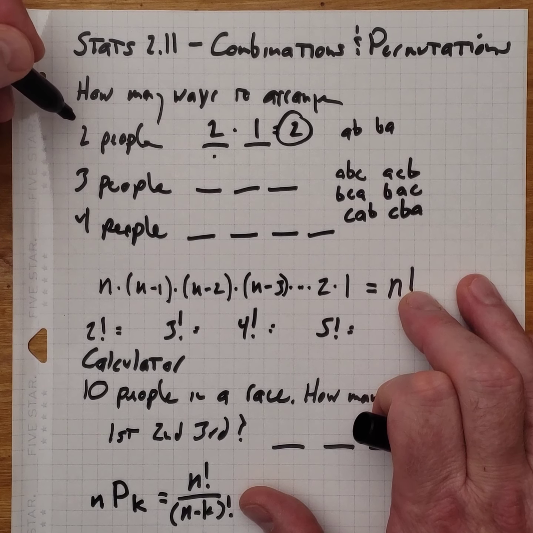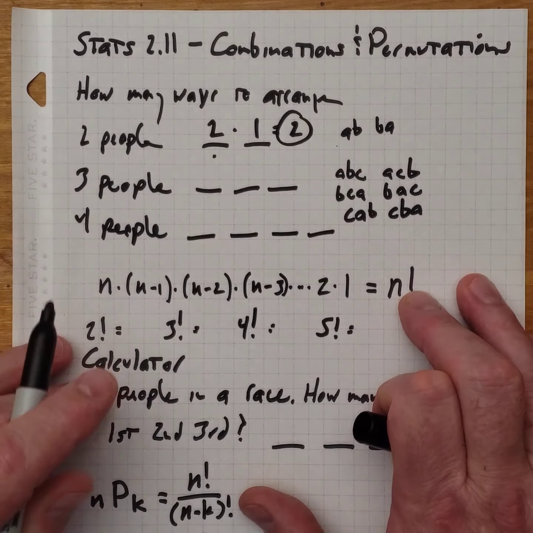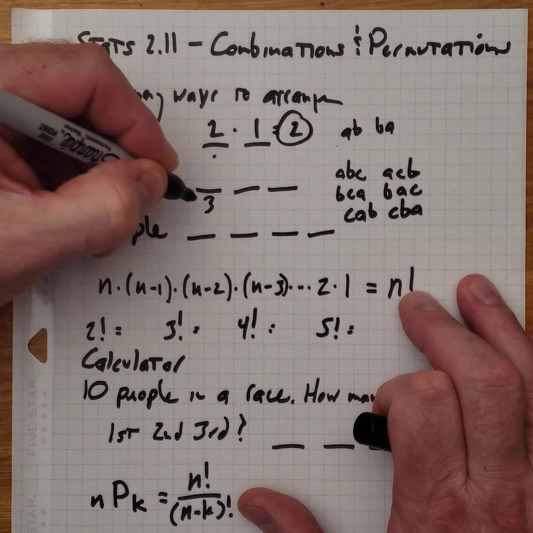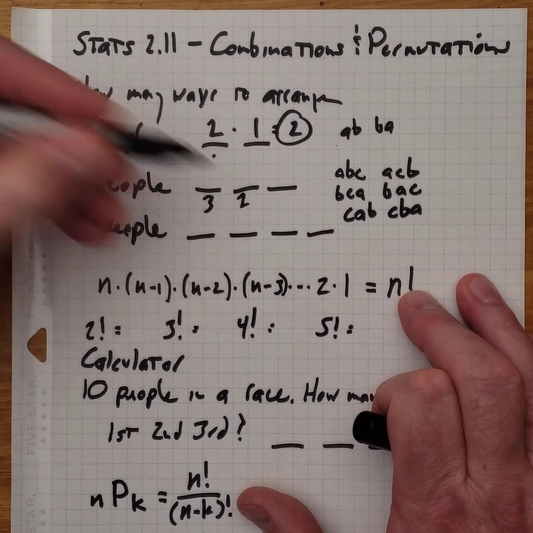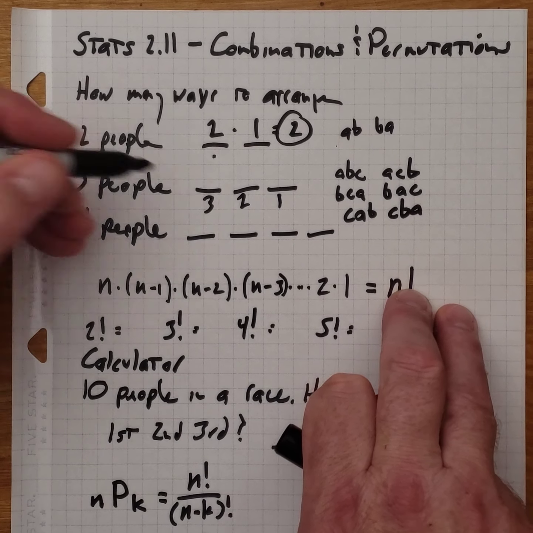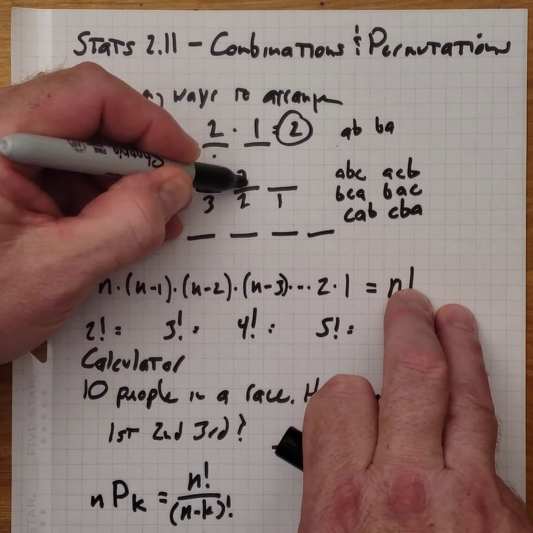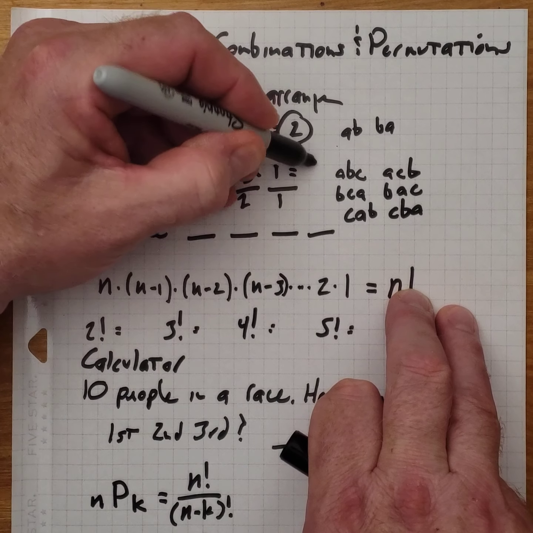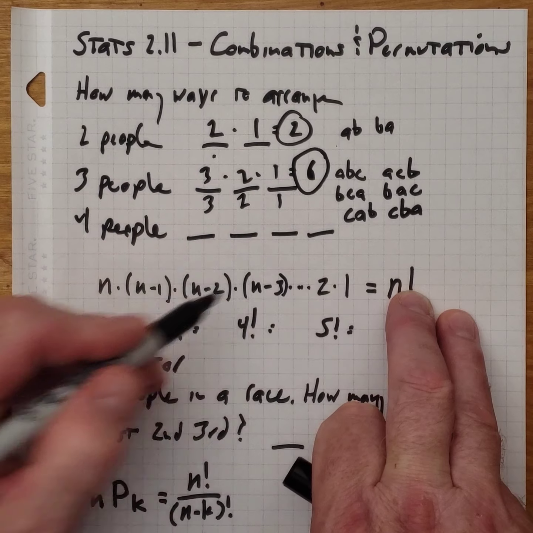So there's only two ways to arrange two people. We already knew that. How about three people? There are 3 options to come in first, 2 options to come in second, and then that leaves just one person to come in third. Okay? And those numbers should really go up here. 3 times 2 times 1 is 6 times 1, or 6, which is what we got looking at it this way.